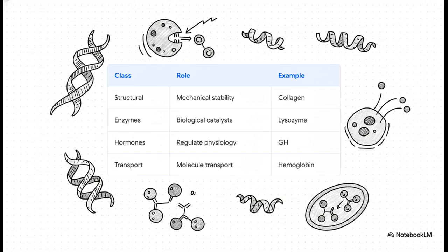But contrast that with enzymes like DNA polymerase, which are globular and incredibly reactive biological catalysts. Then you've got hormones like growth hormone regulating huge physiological processes, and transport proteins like hemoglobin, which are specifically engineered with a quaternary structure to neatly bind, transport, and release oxygen in the blood. Form absolutely dictates function here.